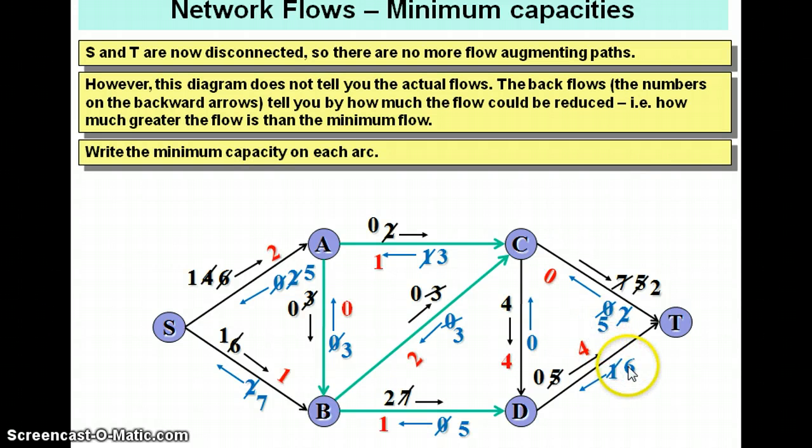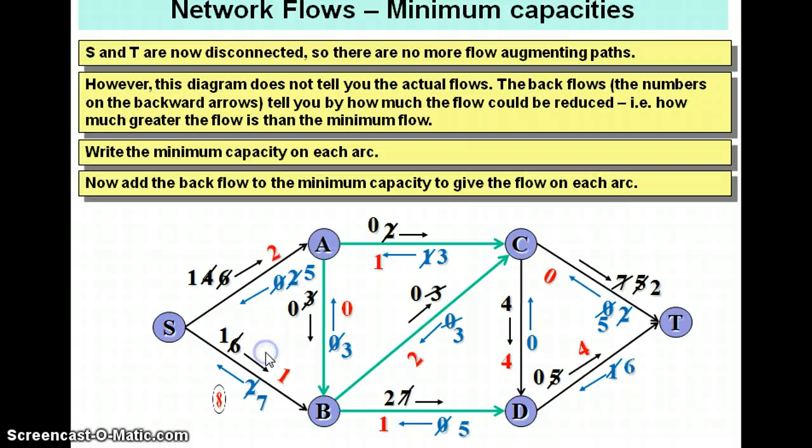So we can now see that we've actually got 10 flowing through DT, 6 plus 4. We have 5 flowing through CT, that adds up to 15, so we've achieved our maximum flow from that minimum cut. We look at the other end just to check. At the source end we have 7 plus 1, 8, and 5 plus 2, 7.